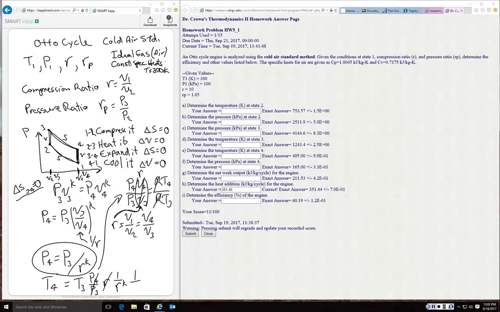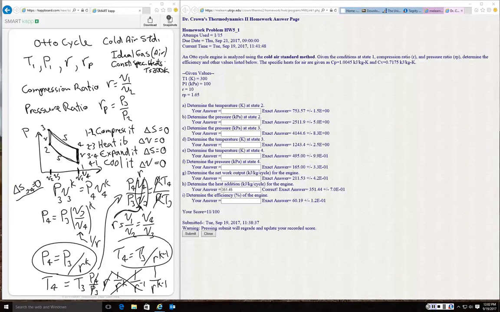And then I can add those powers together, and I get that these two terms become 1 over R to the K minus 1. And so finally from that I get that T4 equals T3 divided by R to the K minus 1.